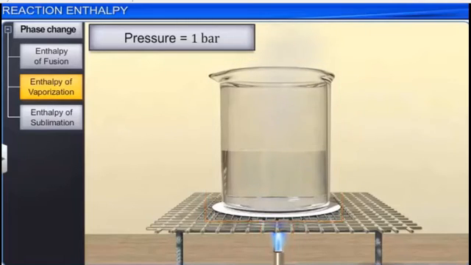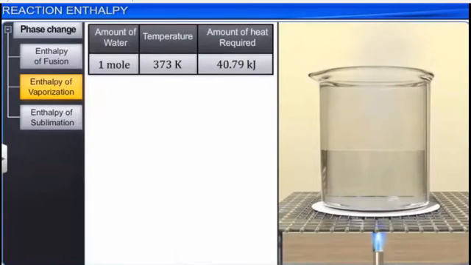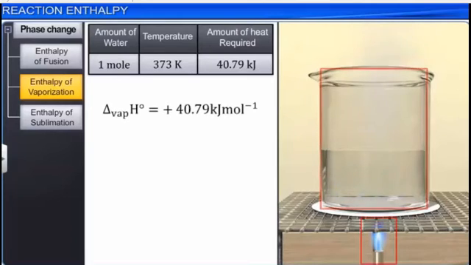For example, the amount of heat required to convert 1 mole of water into vapor at temperature 373 Kelvin is 40.79 kilojoules. Thus, the molar enthalpy of vaporization of water is plus 40.7 kilojoules per mole.